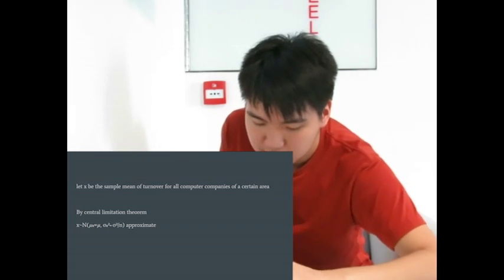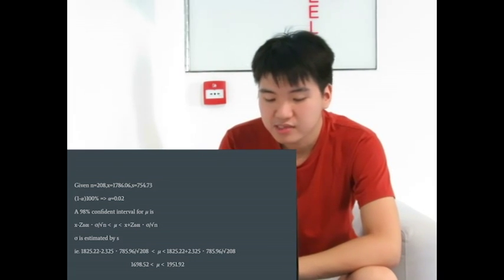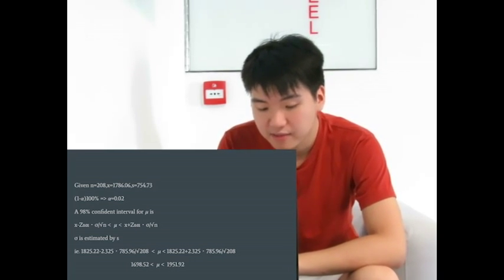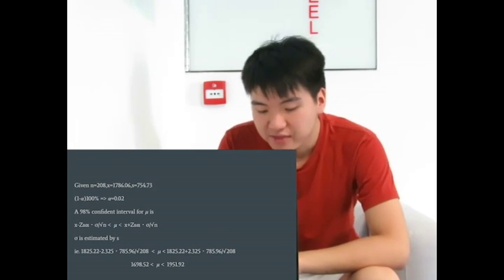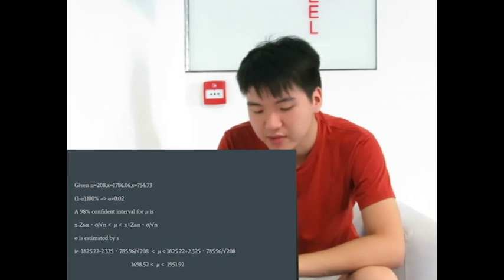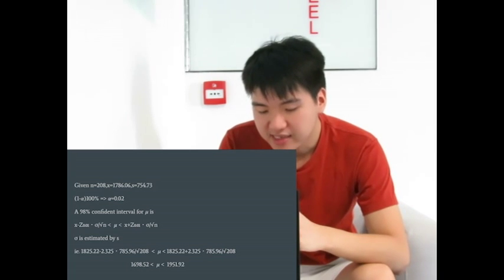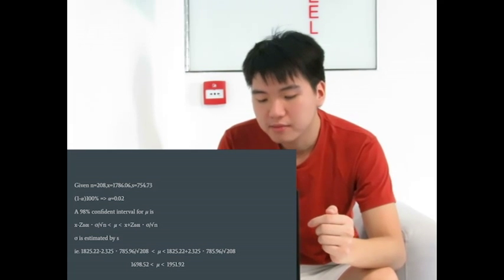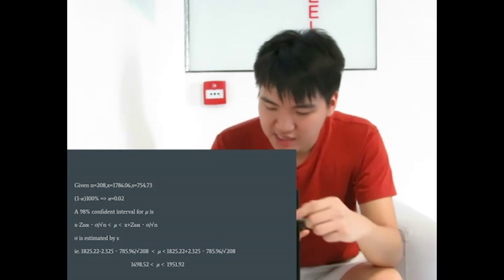and the standard deviation. In answer A, we calculated that there are 208 companies, and the sample mean is 1782.06, and the standard deviation is 754.73, and there is a 98% confidence interval. So we use 1 minus 98% times 100%.